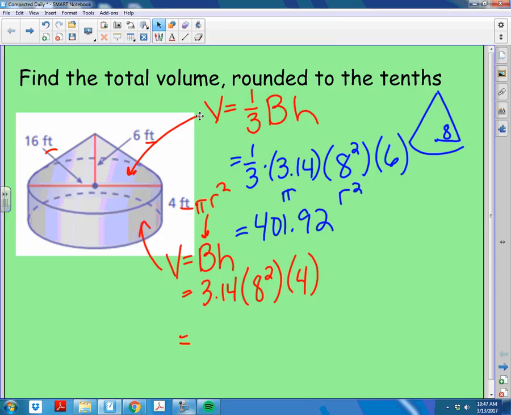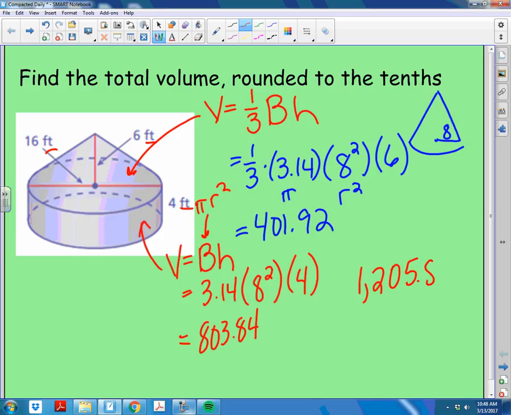So then we put this into our calculator and we get what? 803.84, which is the volume of the cylinder, so we add them up. 1,205.76. Round that, say 1,205.8 cubic feet.